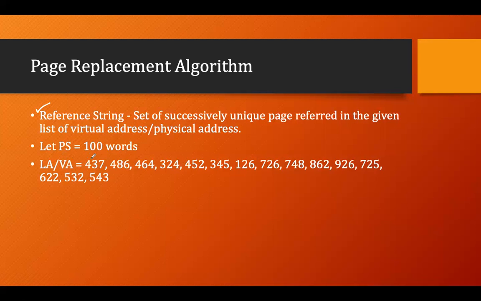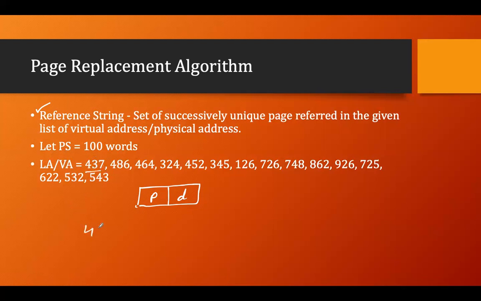Let's assume that the page size is 100 words. We know that the virtual address or the physical address has two parts: one is the page number, another is the offset. The offset depends upon the page size.